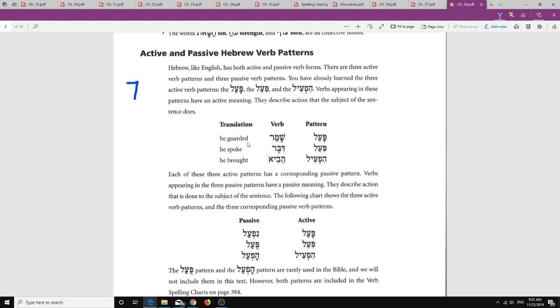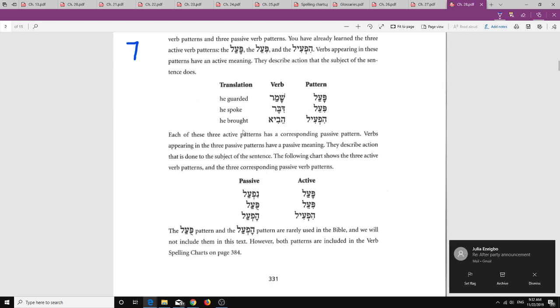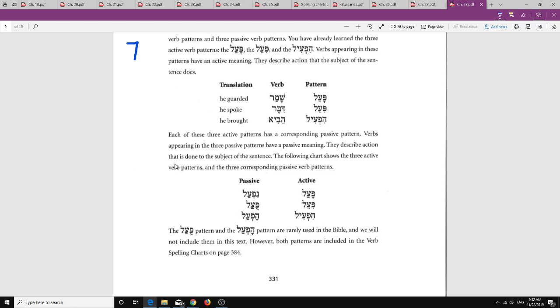And so here are some examples of that. We have shamar, he guarded, diber, he spoke, hevi, he brought. These are active because the subject of the verb is the actor of the verb instead of being acted upon. In passive voice, the subject is acted upon. It's action that is done to the subject of the sentence.